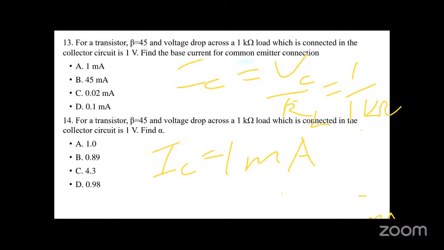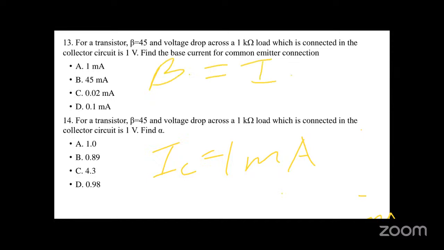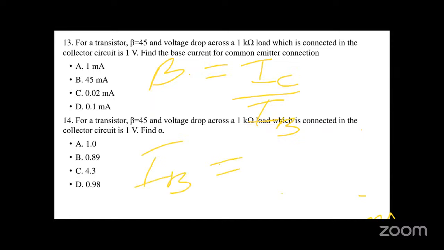The amplification factor beta is equal to IC over IB, which means that IB, the base current we have to find, will be IC over beta, which is 1 milliamp over 45.